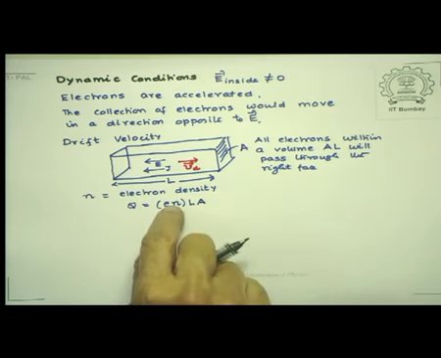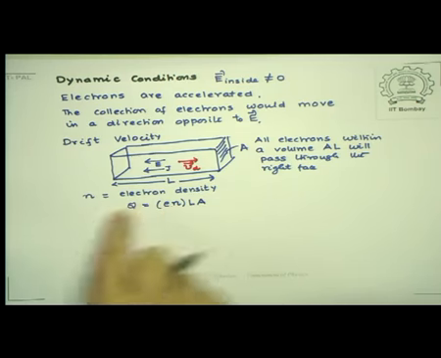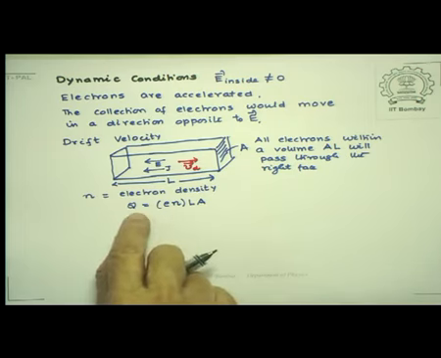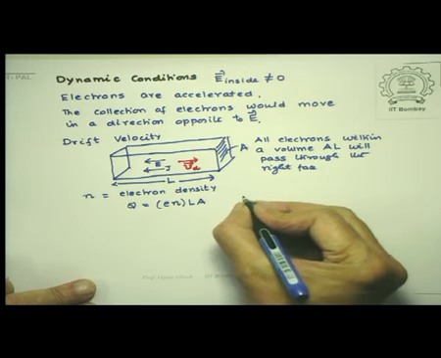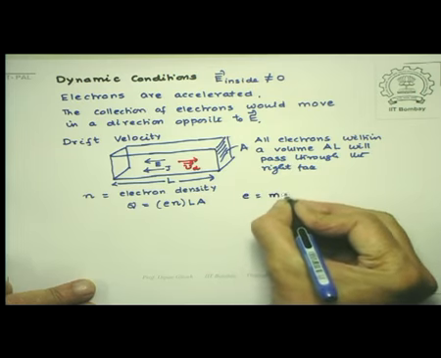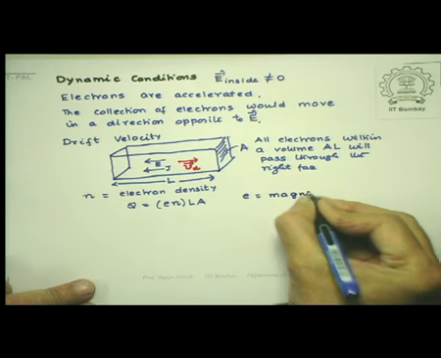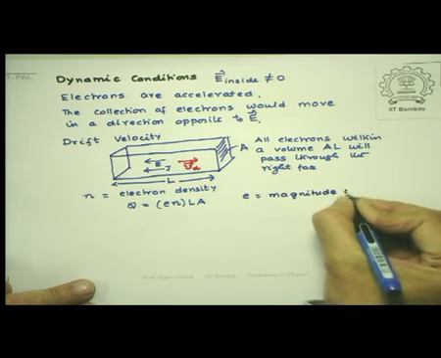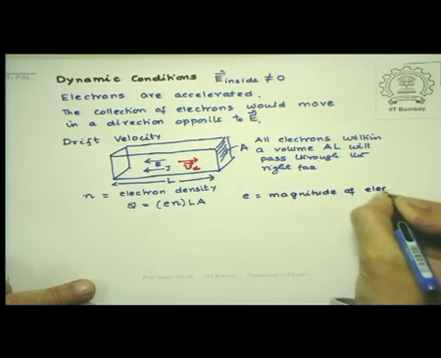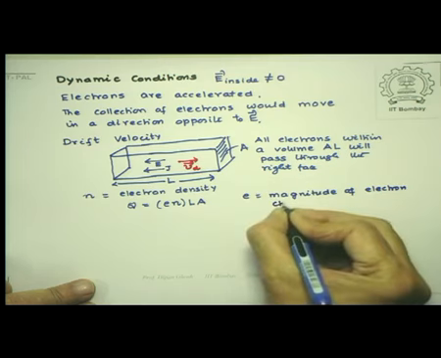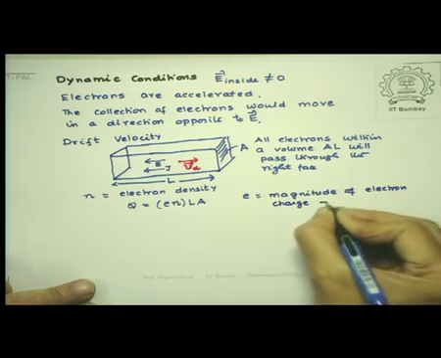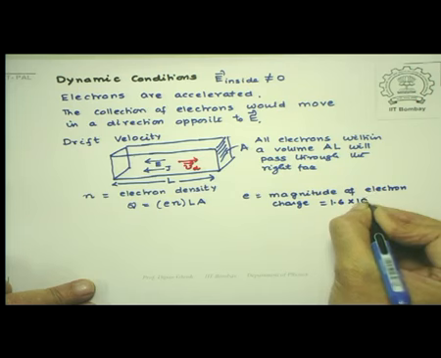Well, this being electronic charge, the charge would be negative, but in this case I am talking about the magnitude of the charge. So in this case, e is the magnitude of electronic charge, which is of course equal to 1.6 into 10 to the minus 19 coulomb.